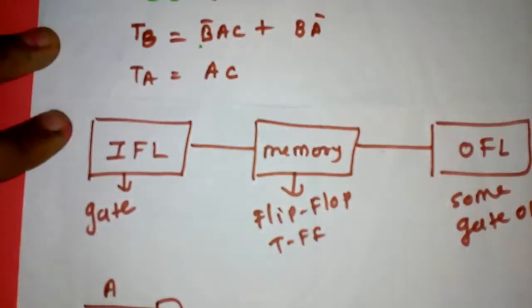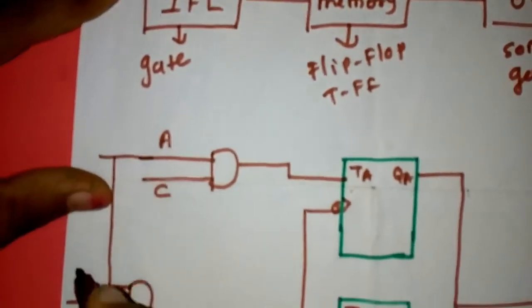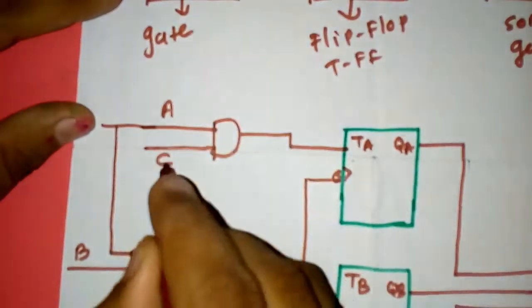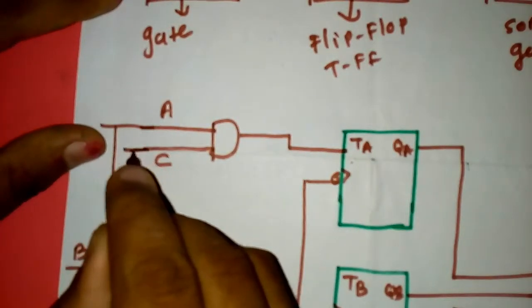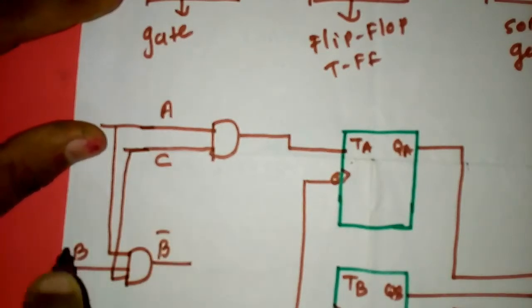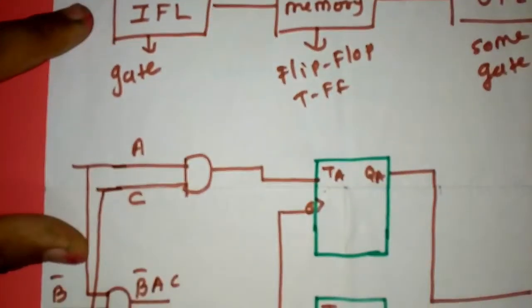For the equation B bar A C, this one is A, then we give B here, and C also. This one is B bar A C, plus B A bar.